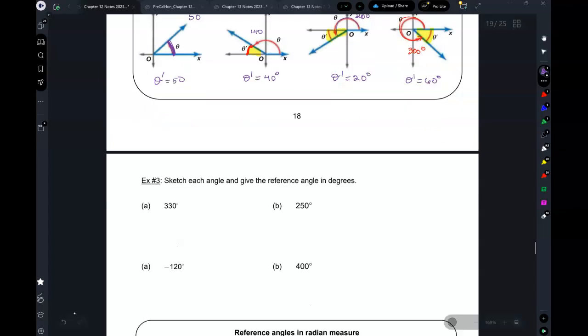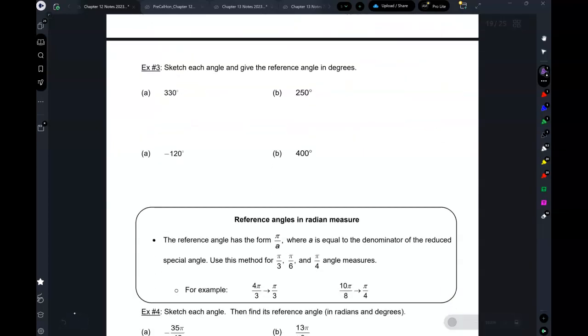Okay, so let's go ahead and find the reference angle here. We're going to sketch and find the reference angle. All right, so first of all, let me just draw these. Okay, so initial side, 330, we're here. The reference angle is right here, theta prime.